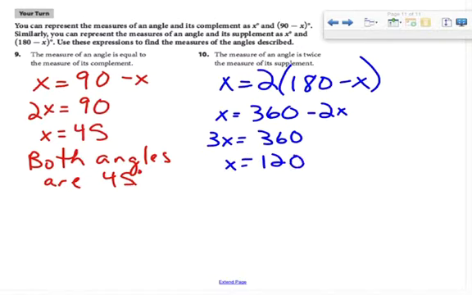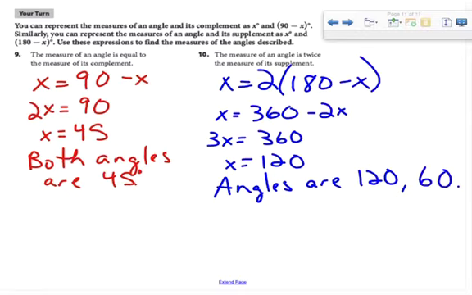Now this time the two angles aren't the same measure. So I know one of the angles is 120. And since they're supplementary, they have to add up to 180. So 180 minus 120, 60.